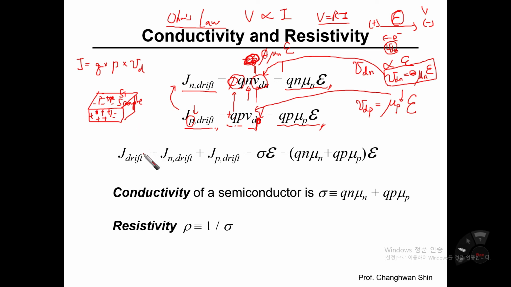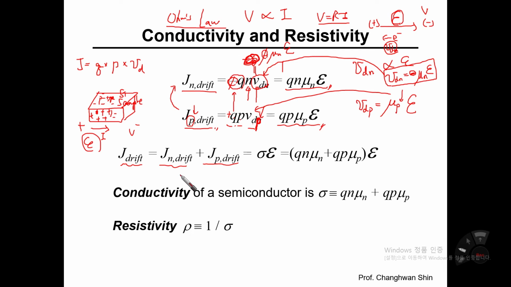When we are estimating the total drift current flowing in this direction, because a voltage is applied here and an electric field is formed, the total drift current density consists of two components: one is the electron drift current density, the other is the hole drift current density.